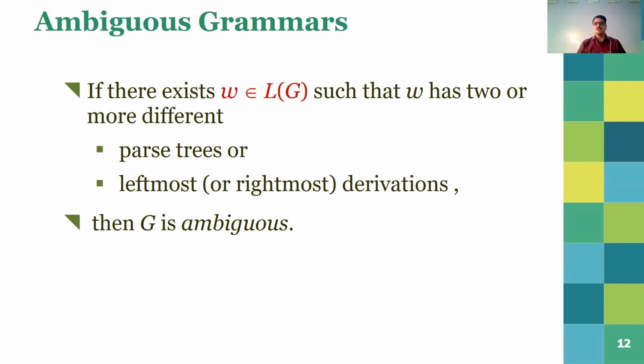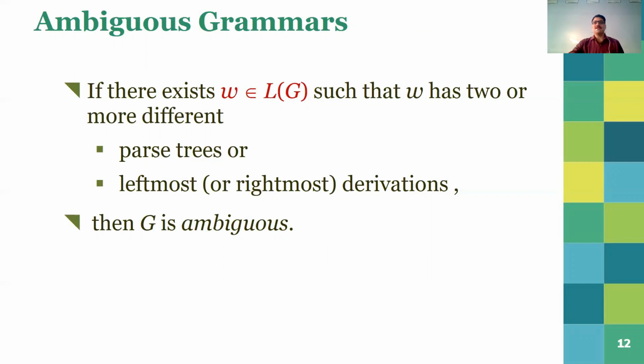So to check whether the given grammar is ambiguous or not, we just have to design two leftmost derivations, or two rightmost derivations, or two different parse trees. Simple. Then we can declare that the grammar is ambiguous.